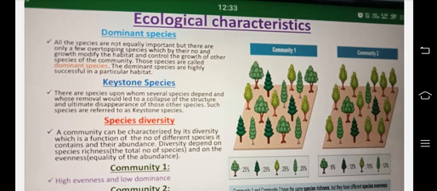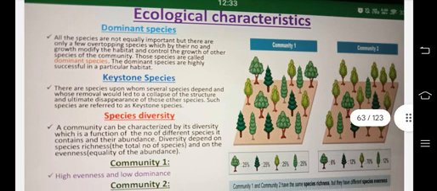Those species are called dominant species. The dominant species are highly successful in a particular habitat. Keystone species. There are species upon whom several species depend and whose removal would lead to a collapse of the structure and ultimate disappearance of those other species. Such species are referred to as keystone species.